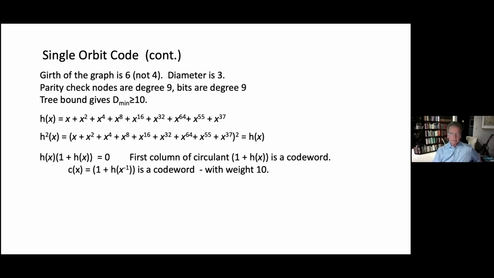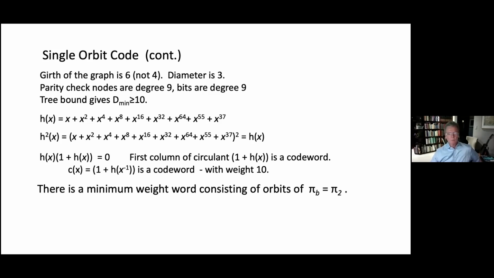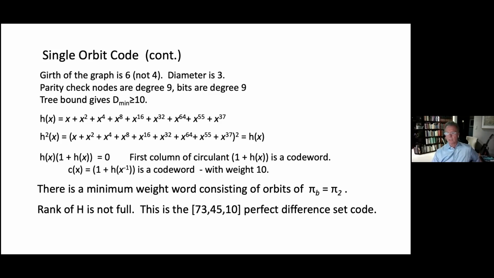And what that says is I can give you a code word of weight 10 right there. There's a minimum weight code word that in fact is showing as orbits of this multiplied by 2 permutation as well as being cyclic. And if you are an old-time coding theorist, you'd say, oh, I recognize that. It's the perfect difference set code. Okay. So there's a very strong code.